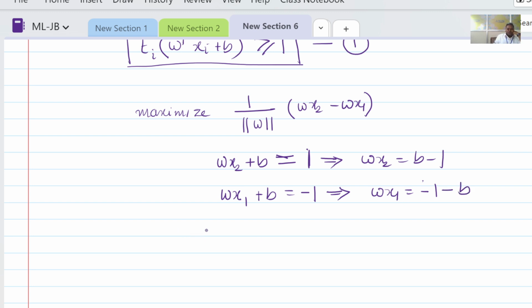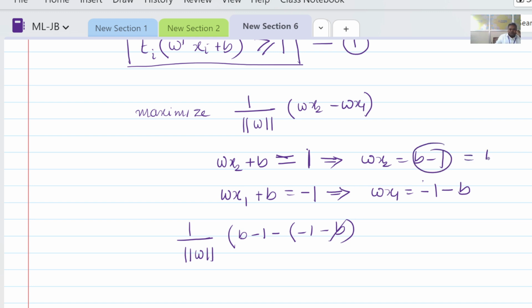Substitute that. I want to maximize 1 by magnitude of W into Wx2, which is 1 minus b, minus Wx1, which is minus 1 minus b. So minus into minus gives plus, and plus b and minus b get cancelled. Sorry, this is 1 minus b, not b minus 1.